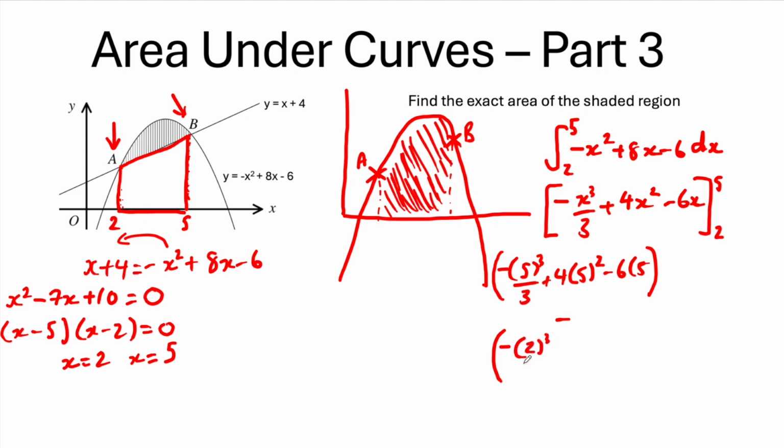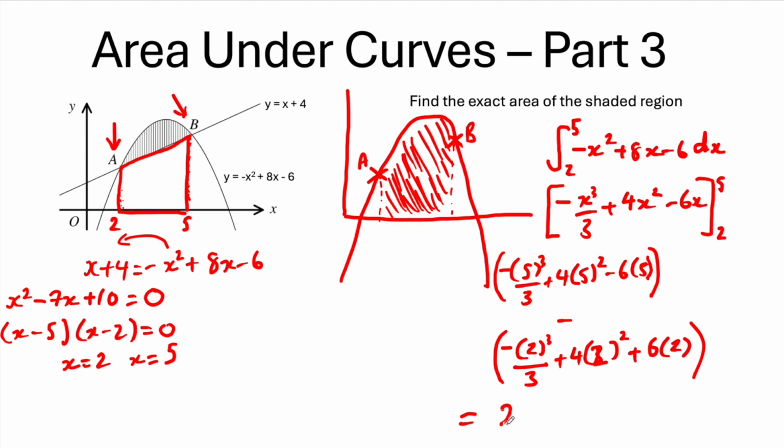So minus 2 cubed over 3, add 4 times 2 squared, minus 6 times 2. Okay, and if you put that in your calculator, you'll get 27. Okay, so that's the first bit done. Now we need to move on to the second step of calculating the area of this trapezium.